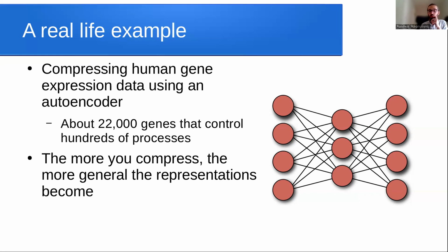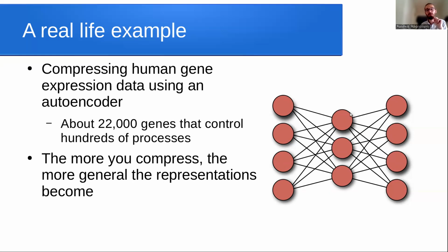And when you do that on gene expression data, what you see is that the more you compress the data, that is, the fewer variables you have in the latent space to represent a gene transcriptomic profile, the more general representations you have in the latent space. So if you have quite a lot of neurons here in the latent space, then maybe each neuron represents not too complex things, maybe pathways, where all genes related to one pathway would become encoded in a single variable here.